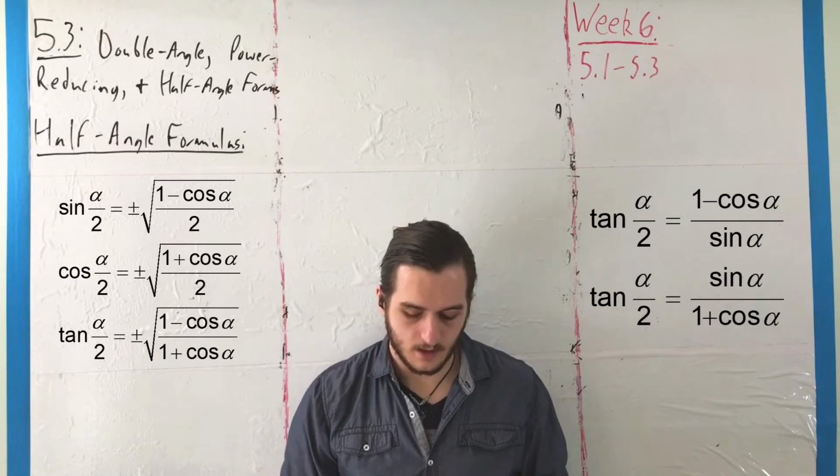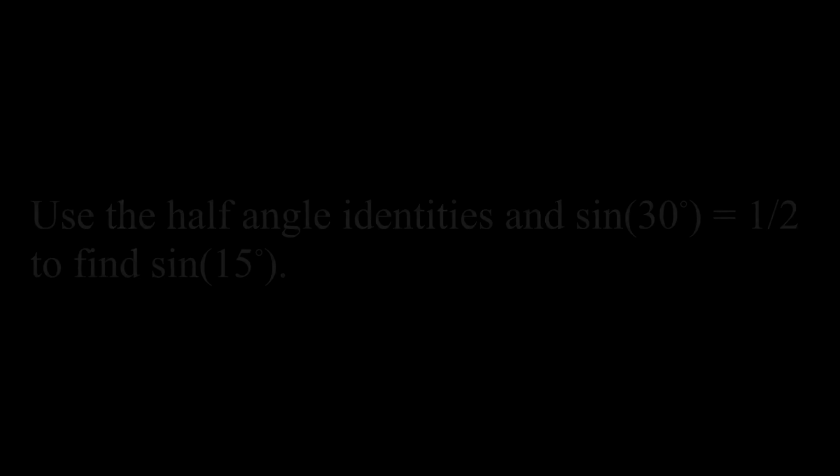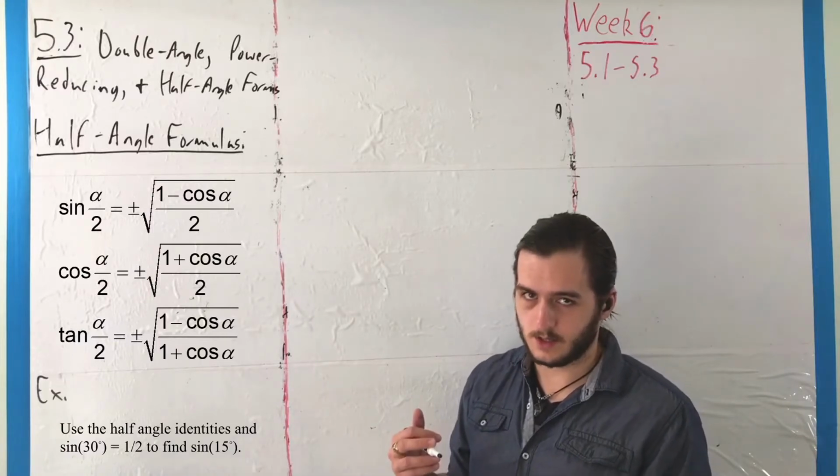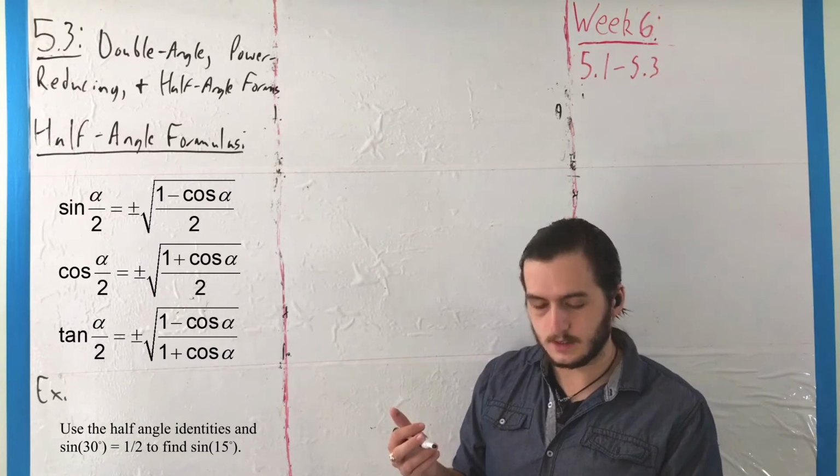we've actually seen before. So for this, we want to use the half-angle identities, and sine of 30 degrees equals 1/2 to find sine of 15 degrees. Now let's remember that earlier on we actually found this measure, and now we'll see a different way that we can get it.